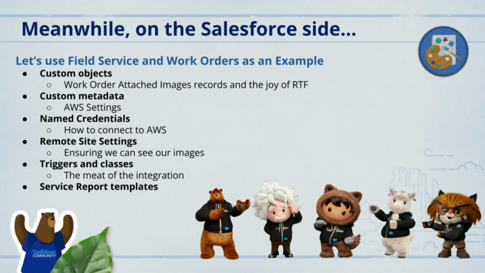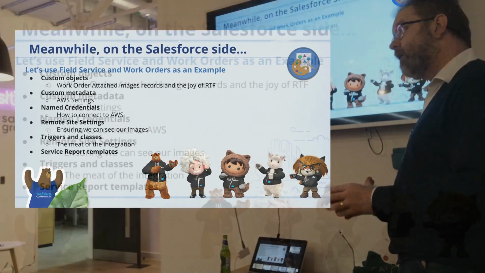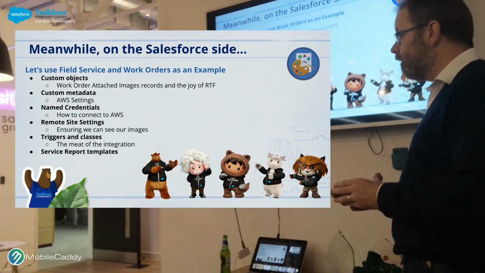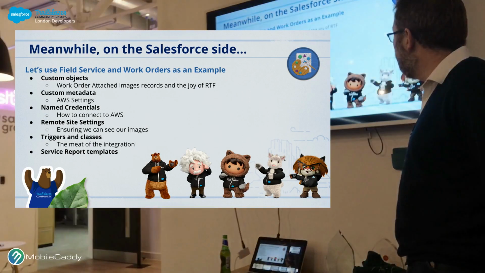So what do we need to do to plug it into Salesforce? The way I've built it, and I stress I've built it because you may want to build it slightly differently. That's the joy of these things. In this example, I'm linking it to work orders, which is a fundamental object in Field Service in Salesforce. So I've created a related record on that called Work Order Attached Images that just stores the field information and the image information around images that we've attached to a work order.